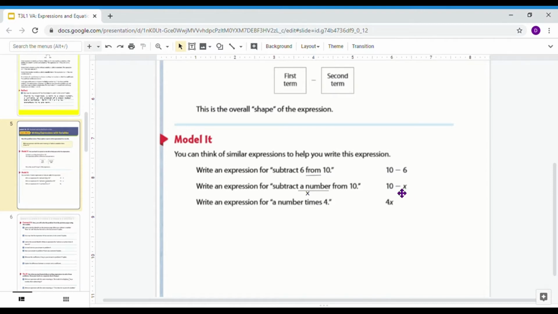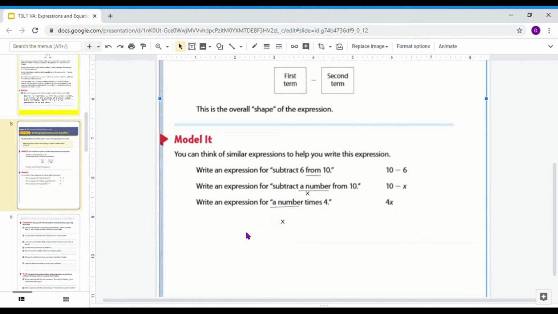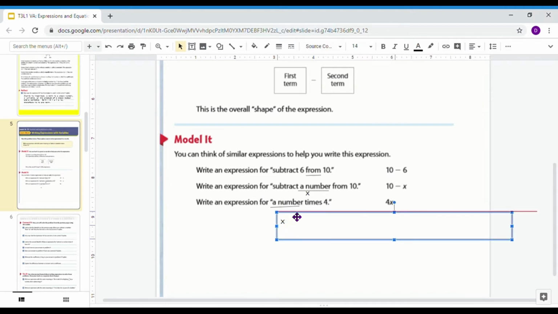And then it's asking us to write an expression for a number times 4. Again, I don't know what this number is, so I have to replace it with a variable x. Whenever they're asking you for a number, that's when you're going to be using a variable.